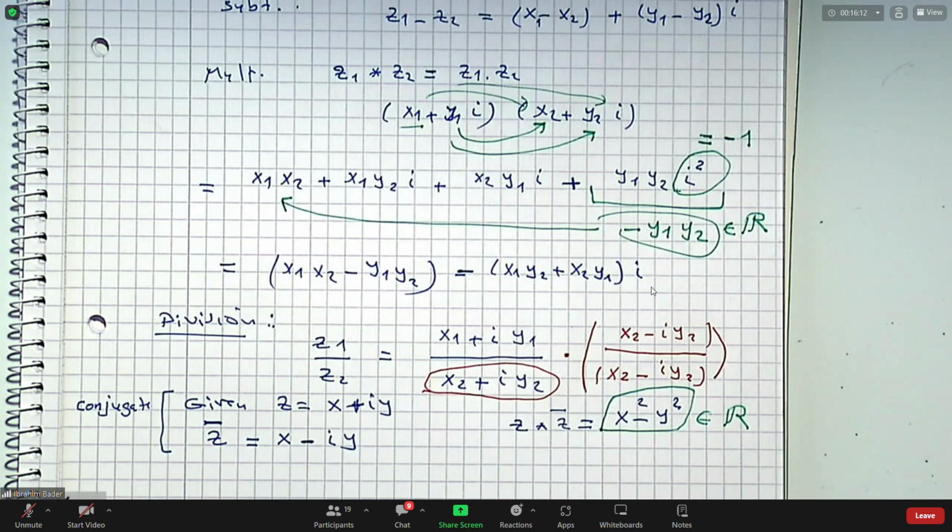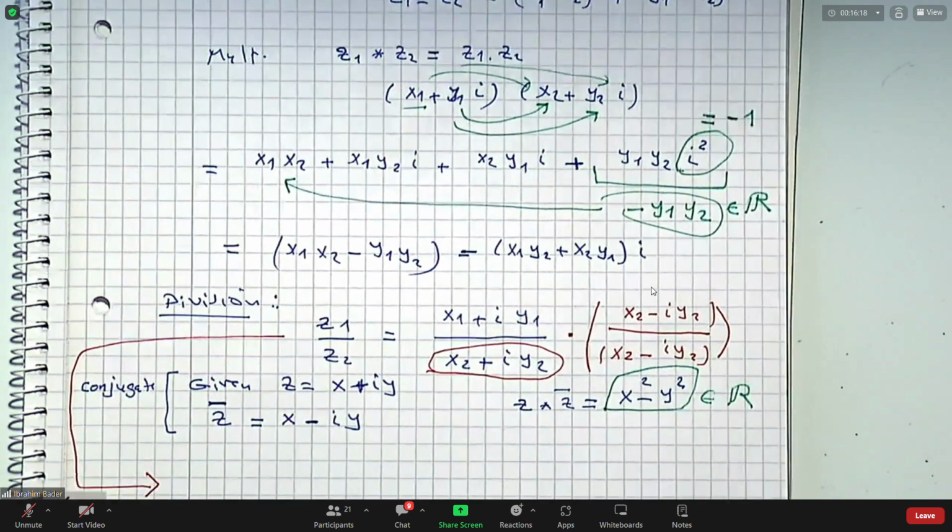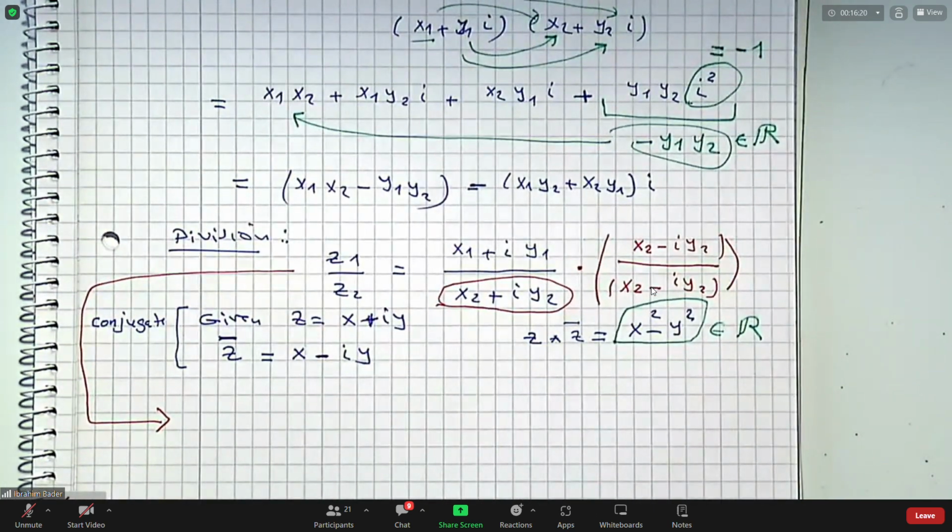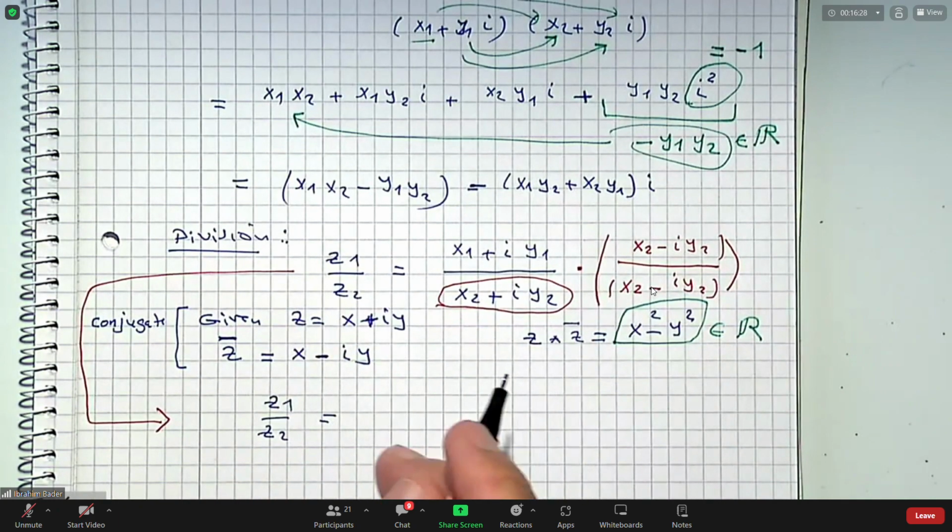So if I just continue here, I will have a very nice way to evaluate this quotient.